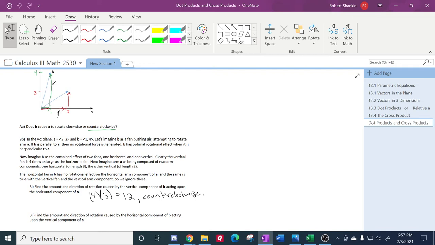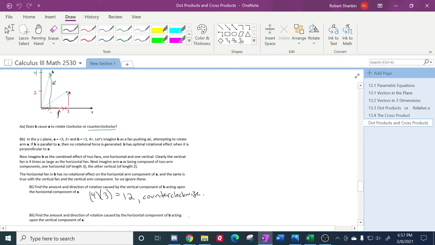Okay, type in your answer to group chat. Group 1, what do you have for this? Let's see, I think it's 2 in the clockwise direction.